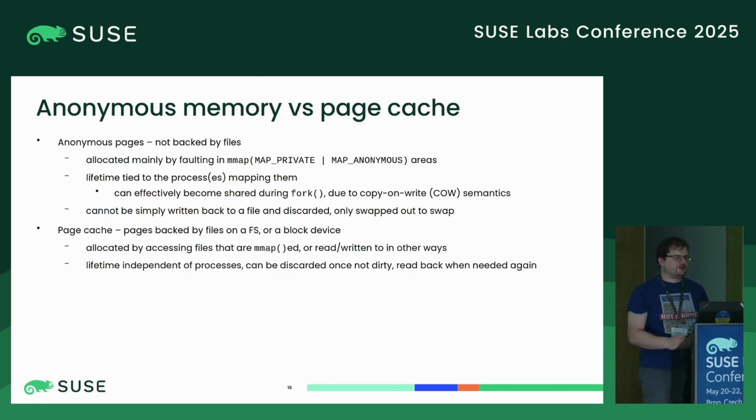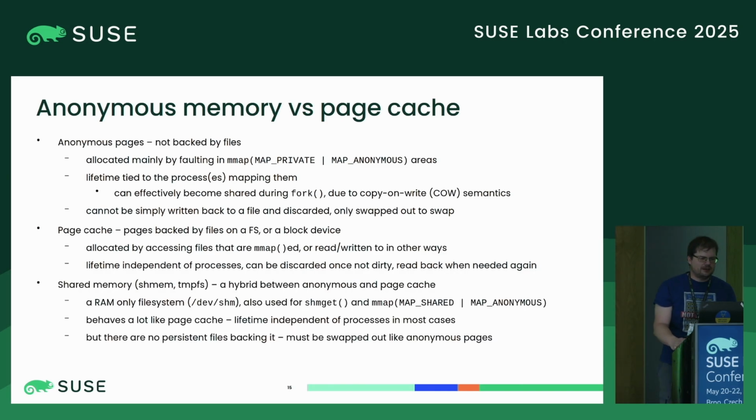If it's written to, it has to be written back to the files and then can be discarded. And I said there are two of them, but there's always an off-by-one error. So there's a third one called shared memory, which behaves a bit like both of them.